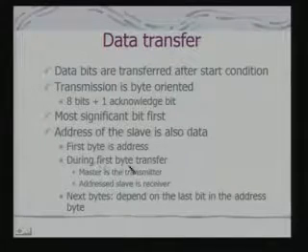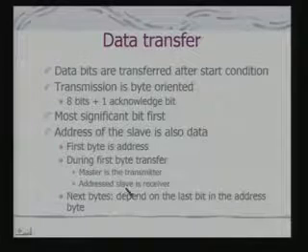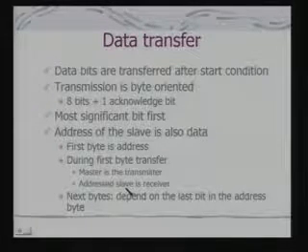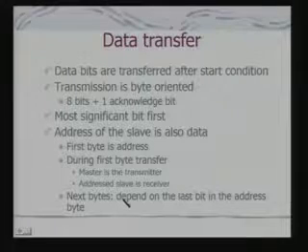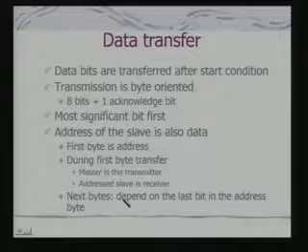During the first byte, the master is a transmitter and the addressed slave is a receiver. The next bytes depend on the last bit in the address byte. Depending on whether it is a read operation or a write operation, either the master will be transmitting the data or the slave will be transmitting the data.